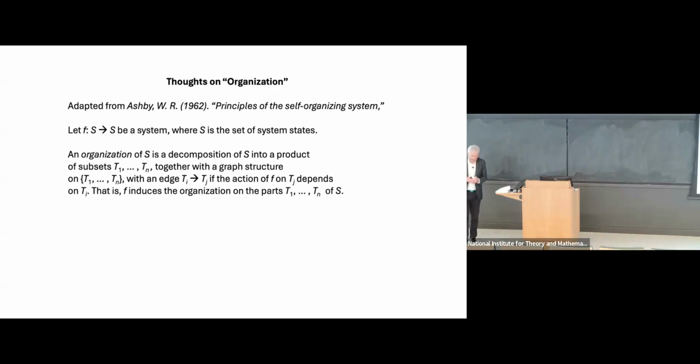And in modern language, what he does is he imposes a graph structure on these parts by saying I have a directed edge from part Ti to part Tj if the operation of f on Tj in some way depends on Ti. And one can define this in a number of different ways.